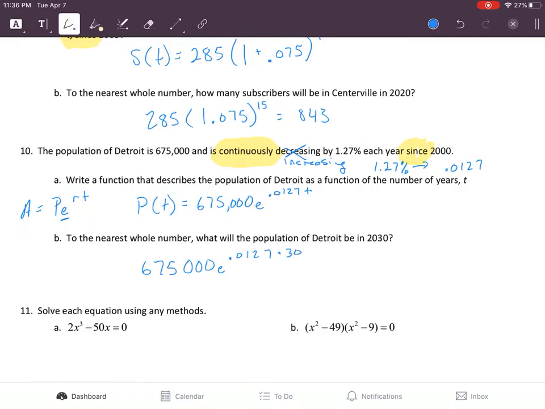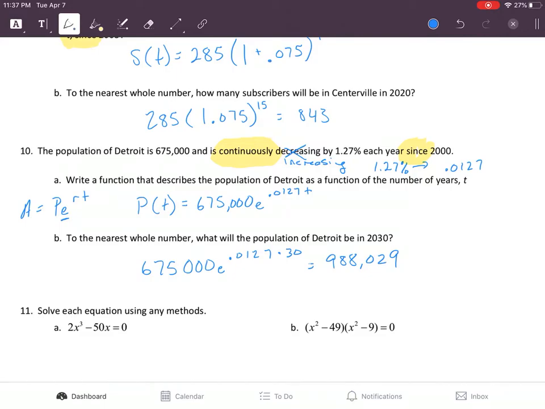So we put this in the calculator: 675,000 times e to the 0.0127 times 30 power. It's going to give us 988,029 people. We're going to round to the nearest whole number. Actually, for population, we're going to round down, because you can't round up a person. So I'm going to leave it as 29.